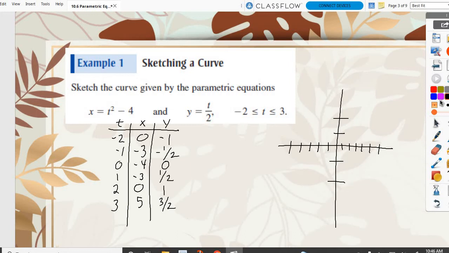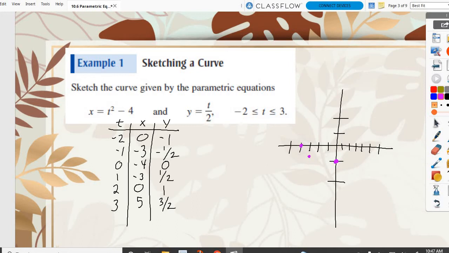So what's our first point, just looking at the x, y values? 0, -1. I'm going to graph that just like I normally would for a normal point, at 0, -1. Then what's my next point? -3, 1/2. And then -4, 0.